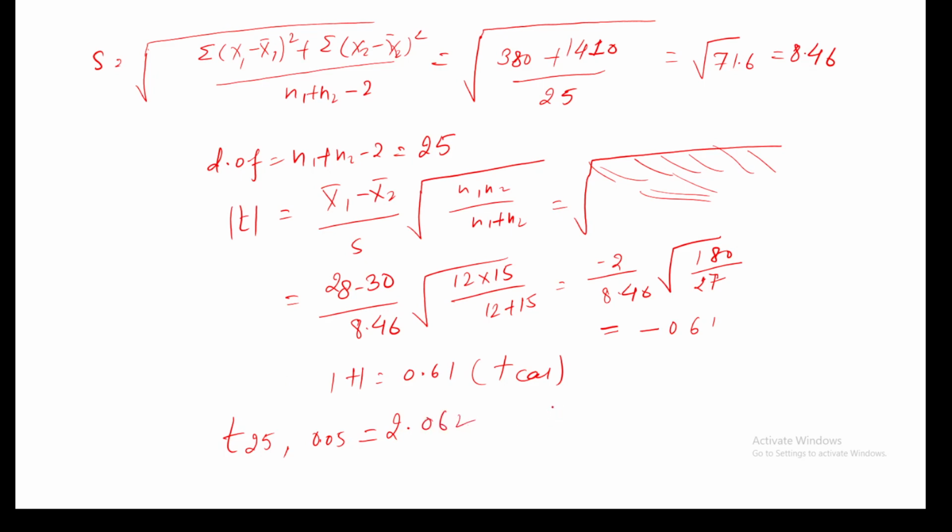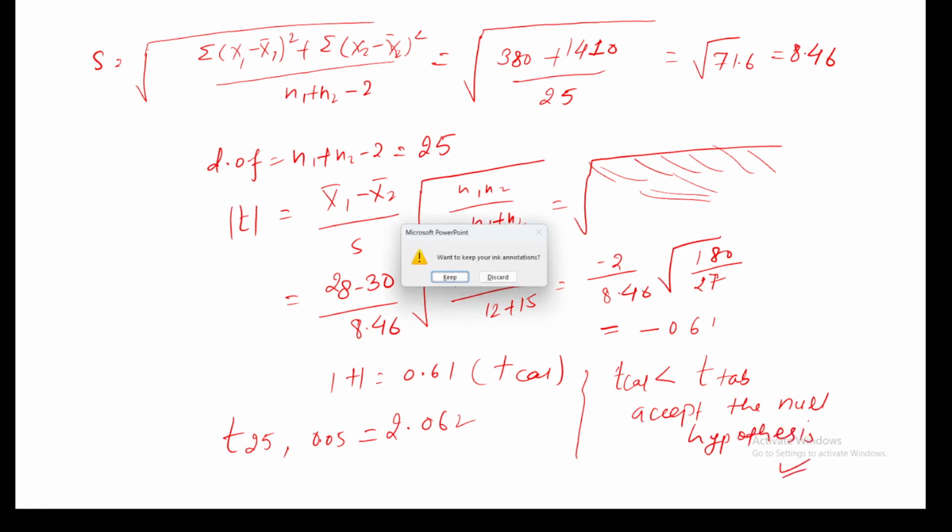So now we can tell what decision we will take. T calculated is less than the T table value, so we have to accept the hypothesis. Clear till here?